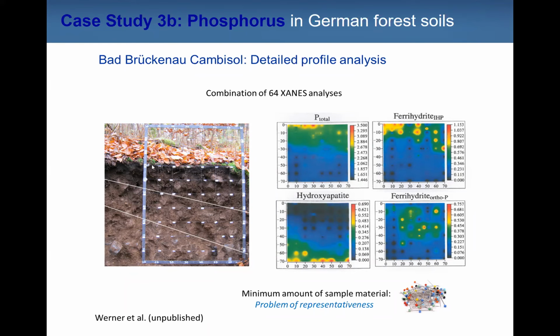This is reasonable because most of the soil organic matter is up here in the topsoil. You see it from the color, and so more of the P is also organic compared to the situation here where more of the P is inorganic. And this is nicely reflected in the phosphorus which is adsorbed to iron oxides.